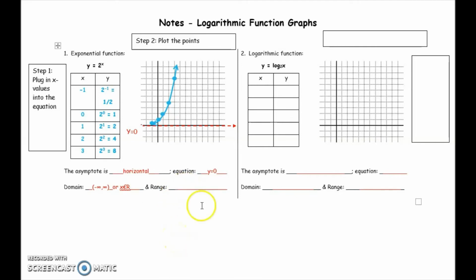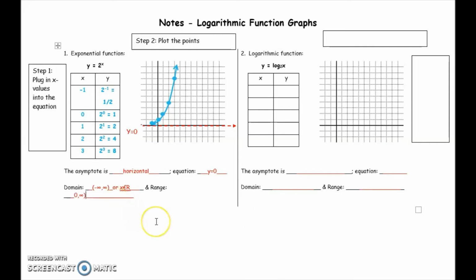Our range is our y values, so that's from bottom to top. So this goes down to 0. It does not cross 0. It does not equal 0, but it gets really close to 0. So we're going to start off with 0 as our lowest point, and we're going to go up forever and ever to infinity.